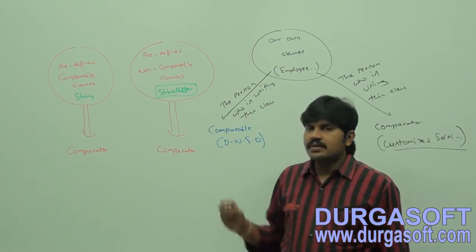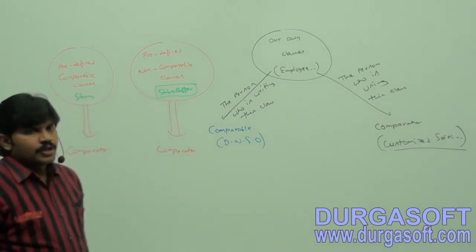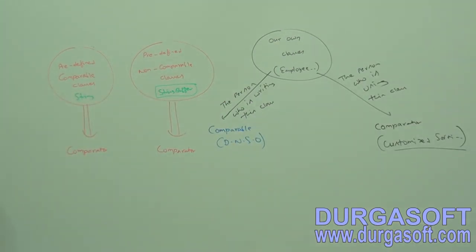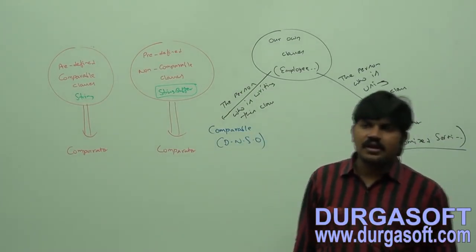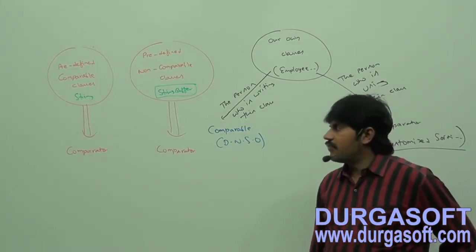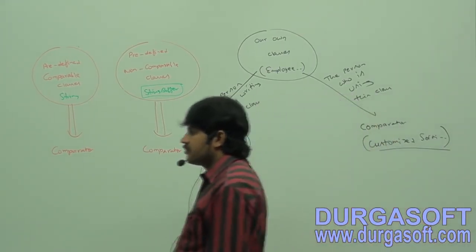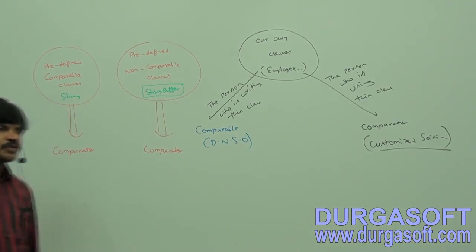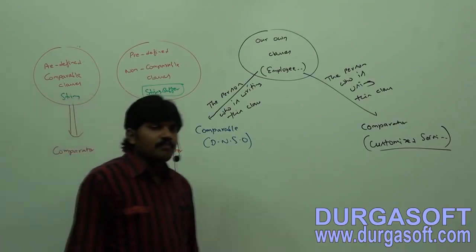If we are not satisfied with that default natural sorting order, then we can define our own sorting by using comparator.